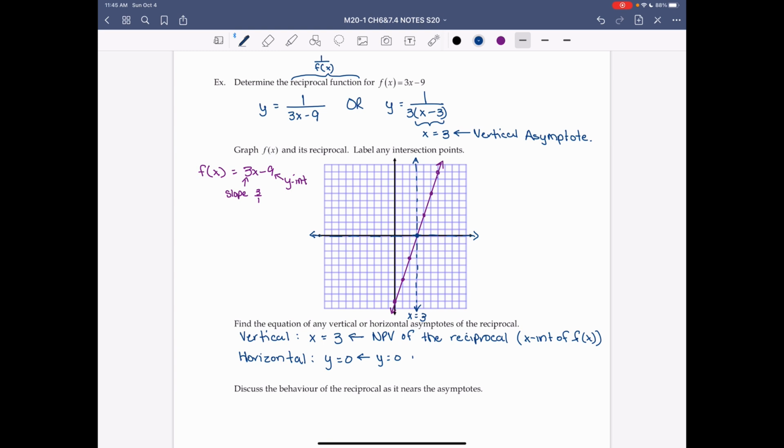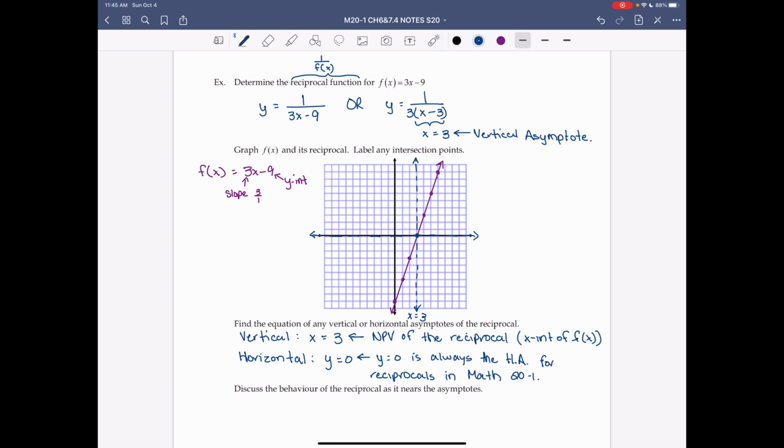Y equals 0 is always the horizontal asymptote for reciprocals in Math 20-1.